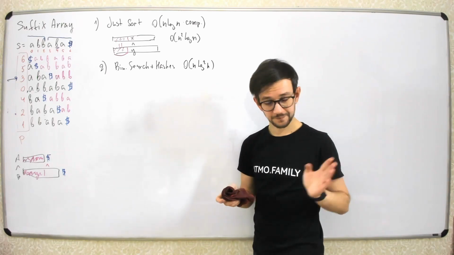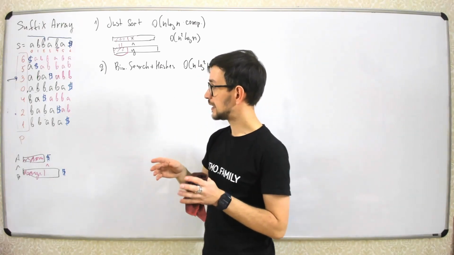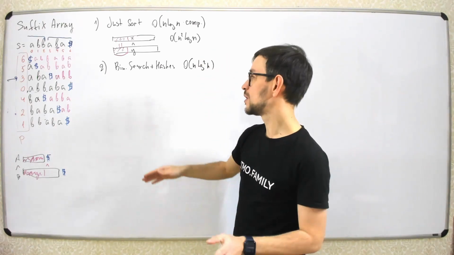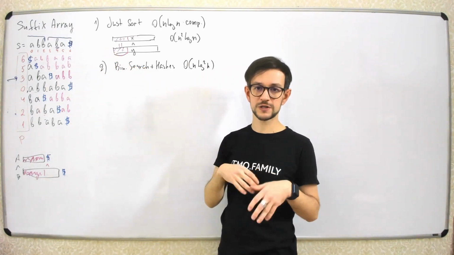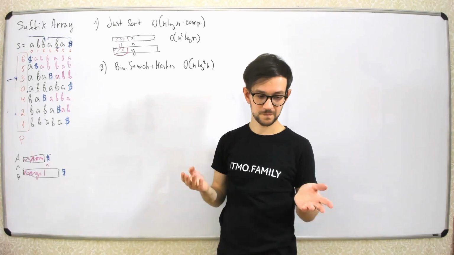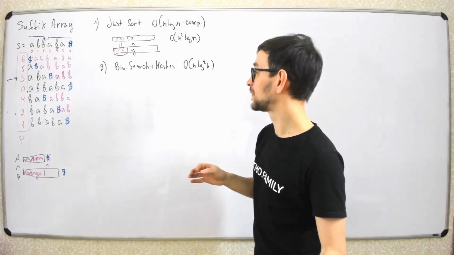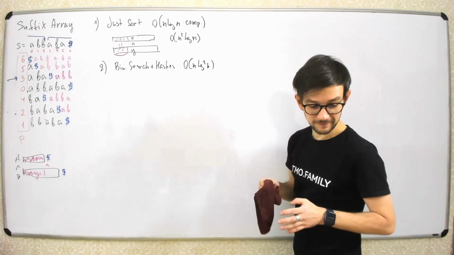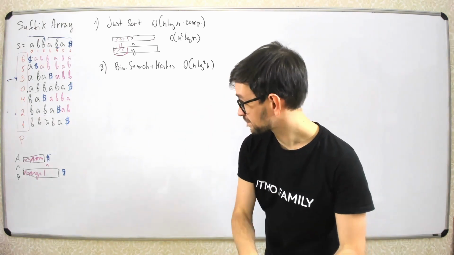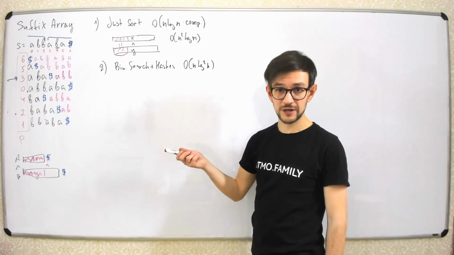Now after these modifications, we have all the cyclic shifts like this, and we need to sort all the cyclic shifts. It's a little bit easier. Okay. Now finally, the length of the string is not a power of 2.